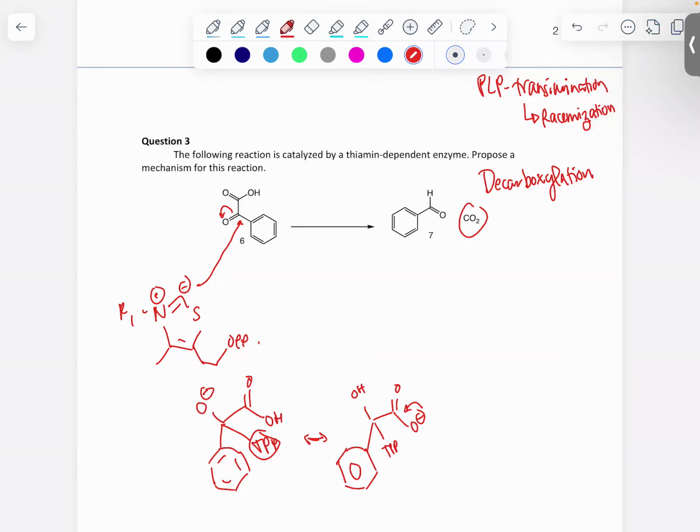And now we can see decarboxylation. That can then be protonated, and eventually we'll see the loss of the TPP, getting us back to 7.